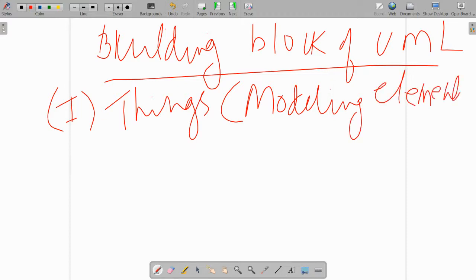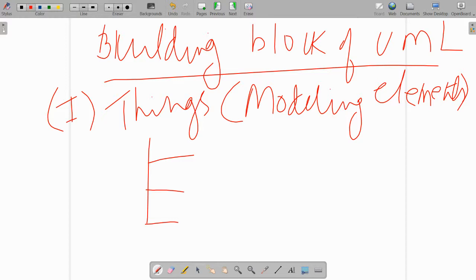So the first one is things. Now, what do you mean by things? It plays an important role for building the model under UML. Under the things, we should understand three things.